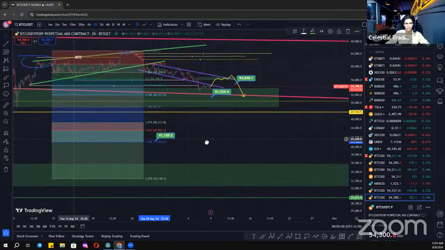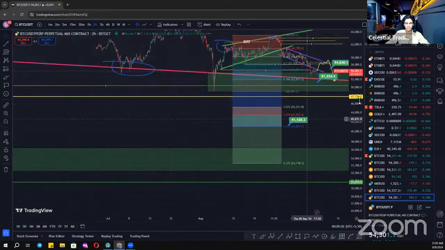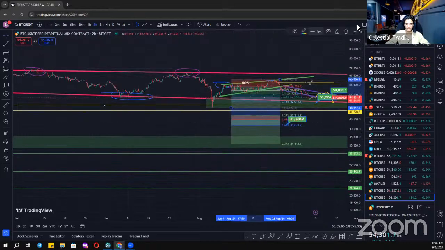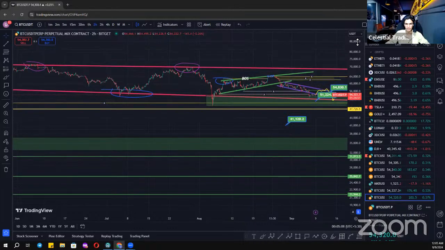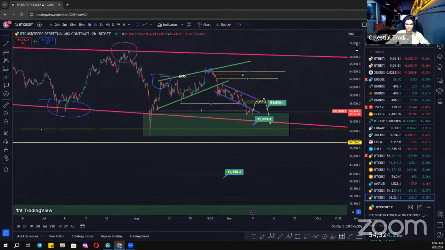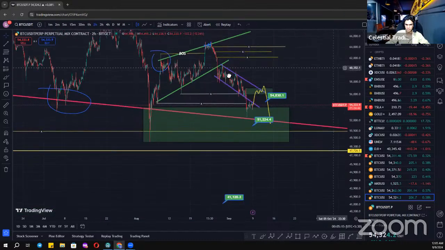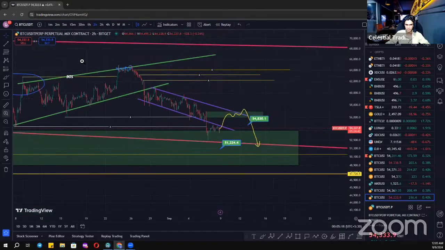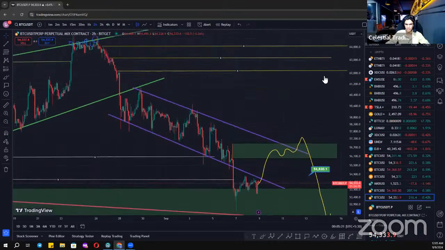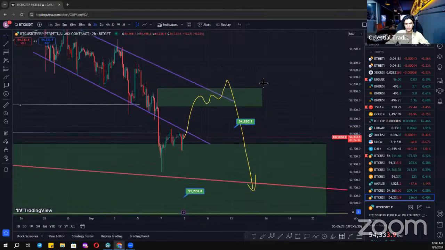This is a very golden zone, very powerful golden zone. And for the coming couple of days we can expect a pump.